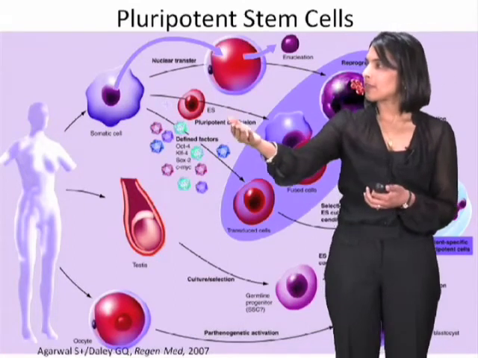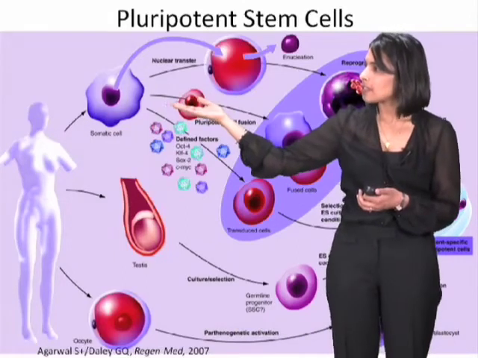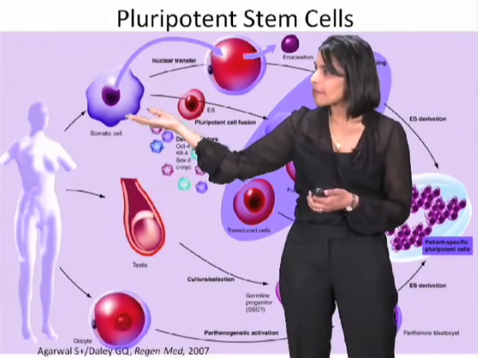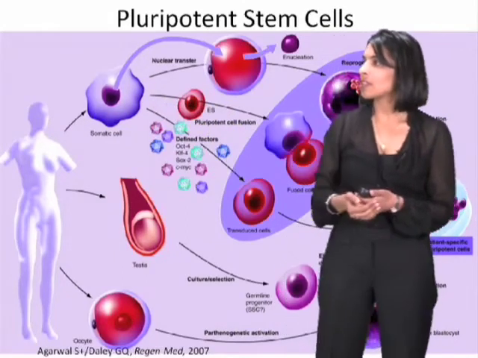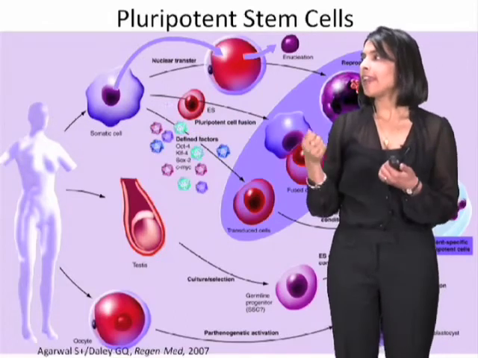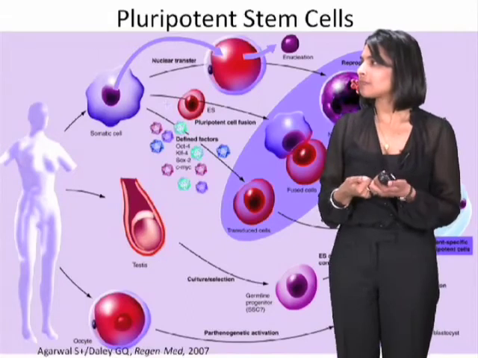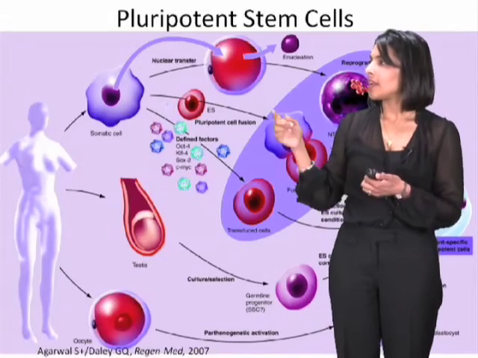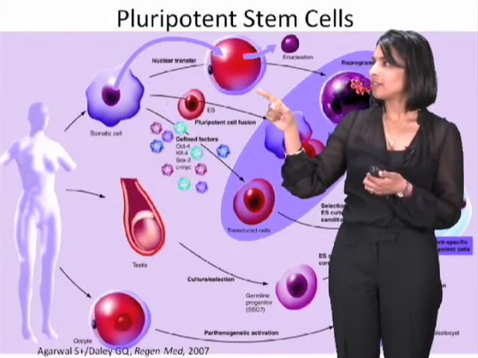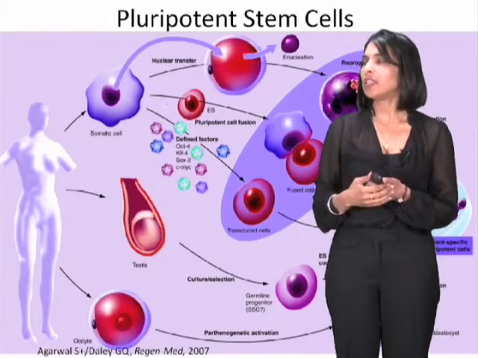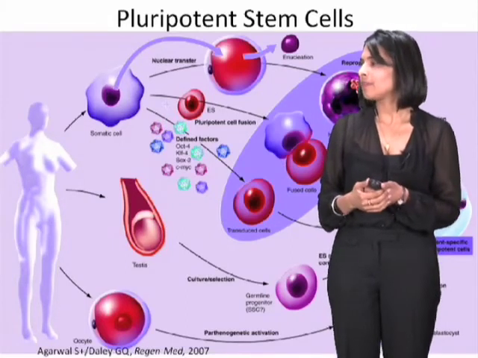There are a variety of ways to make these cells. So in this system, what we see is that you take, again, a fibroblast, a skin fibroblast, just like the ones I showed you earlier, and they have 2 copies of DNA. So these are somatic cells. And one can take out the nucleus of that cell and put it in an enucleated egg, okay?